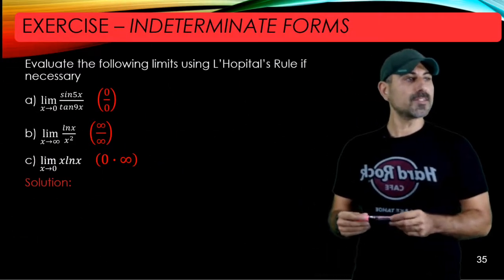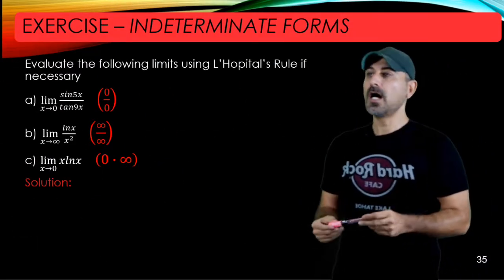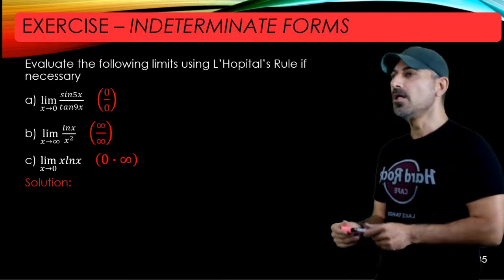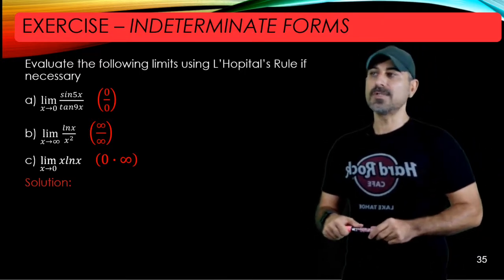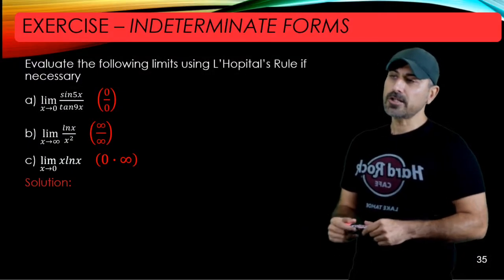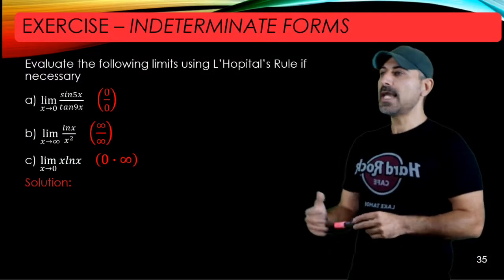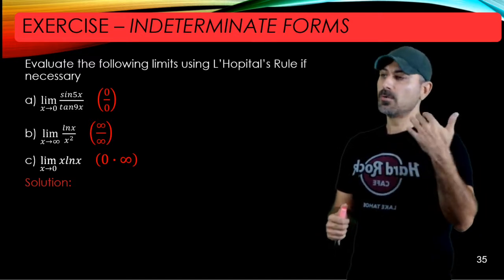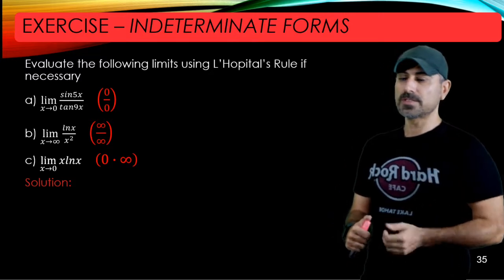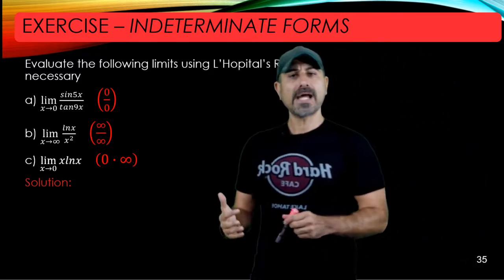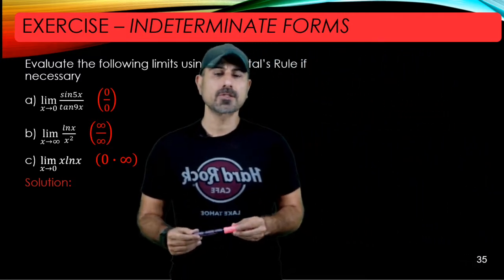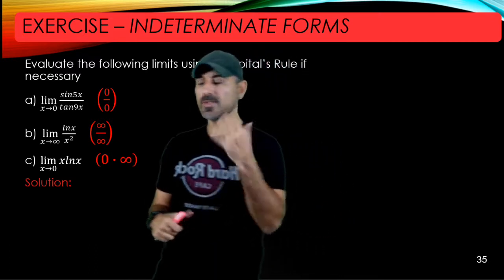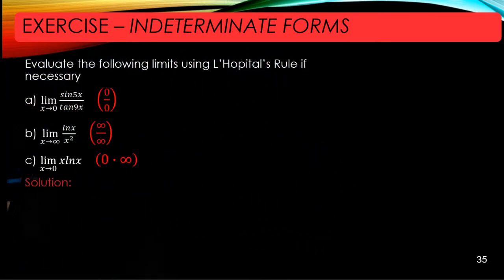For that reason, I'm going to introduce what's called L'Hopital's rule to take care of certain indeterminate forms. The very immediate application is to handle the limits of the form 0 over 0 or infinity over infinity or 0 times infinity. So let me go ahead and bring up the description of L'Hopital's rule, and then we can start moving from there.